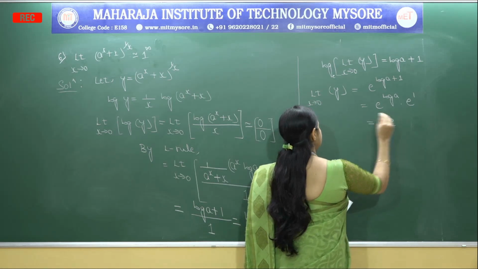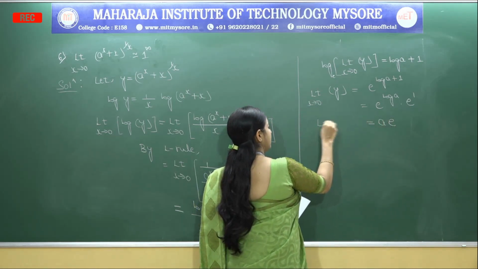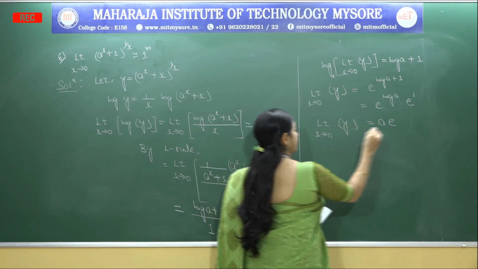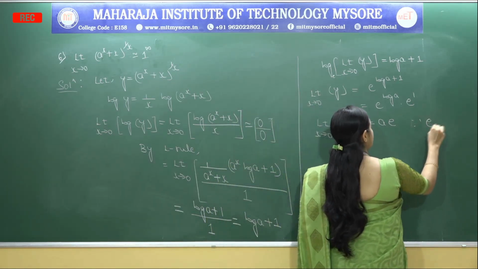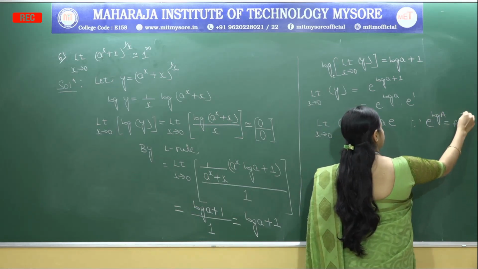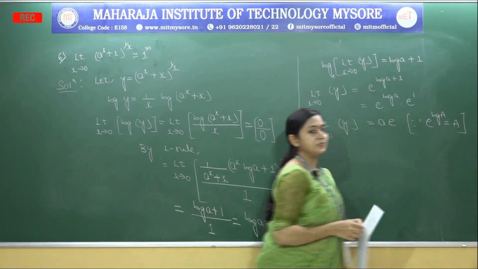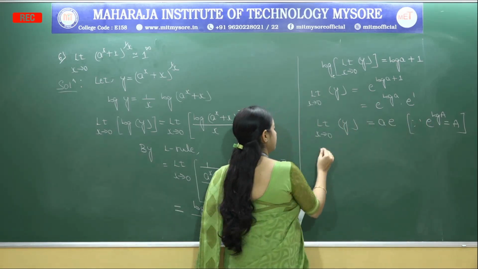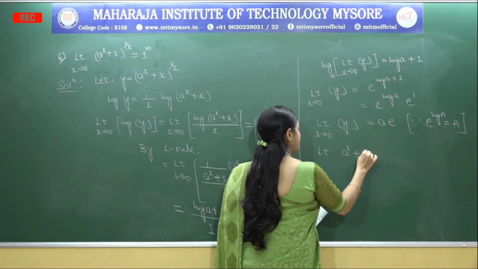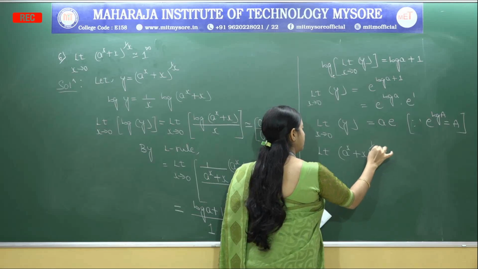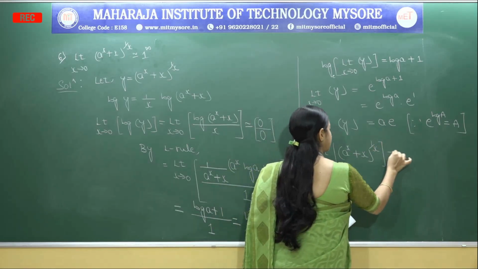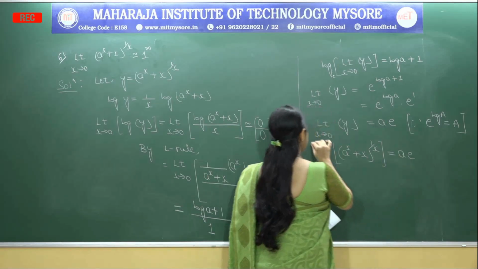You rewrite this term, the limit of y as x tends to 0. Next, substitute for y, it is a power x plus x power 1 by x as x tends to 0. This equals a into e.